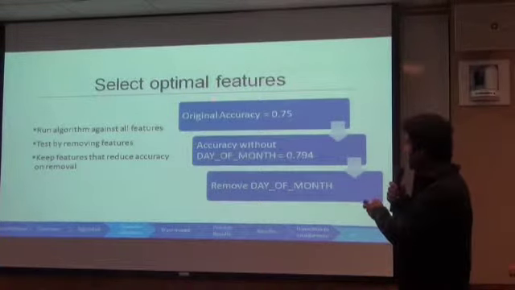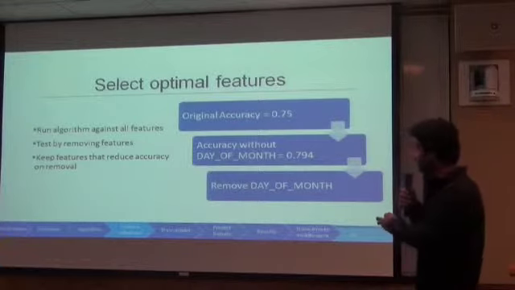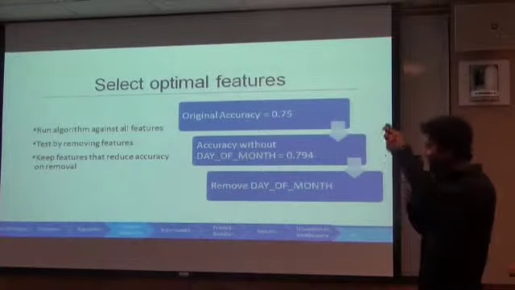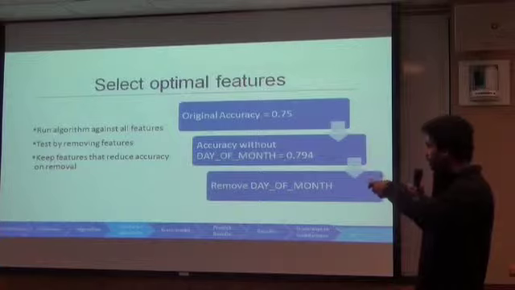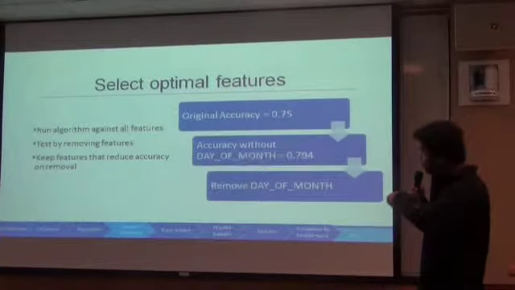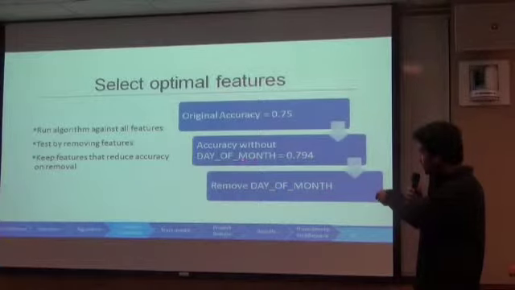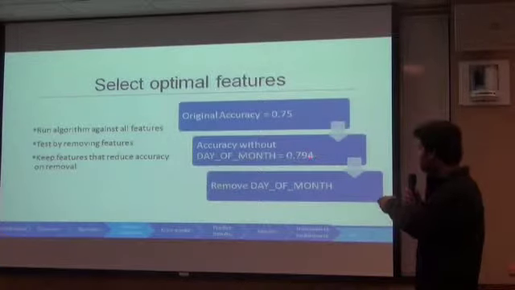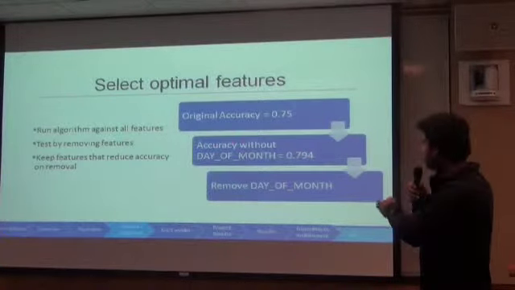I'll tell how we calculated the accuracy later. So if the initial accuracy is 0.75, say for example, and we have 50 fields, we remove one of the fields, like say day of the month. When we remove the specific field and then run the decision tree on the remaining fields, and we find an increase in the accuracy, then it means that without this field, the accuracy is more.